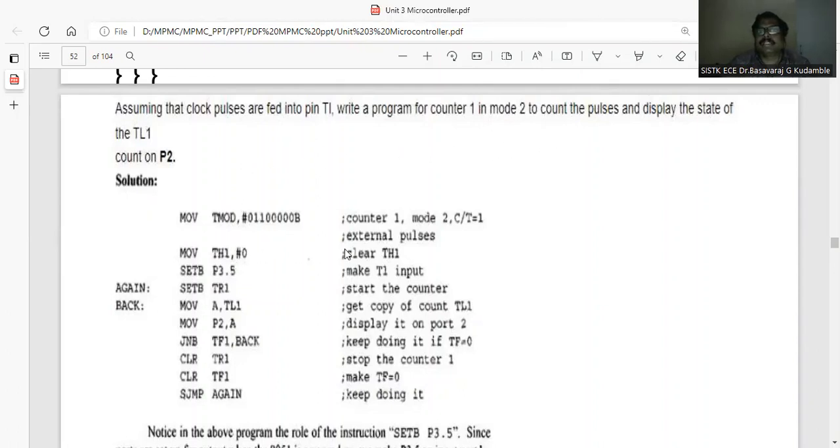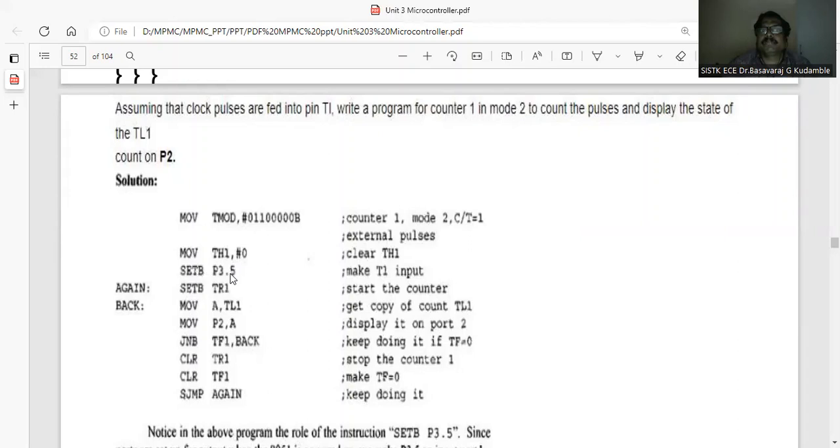See here, this counter 1 we are using in mode 2. The TMOD you have to configure. Then first you have to load TH1 as 0, so that the incremented value is available at TL1. So the TH1 content will move to TL1 whenever you stop.